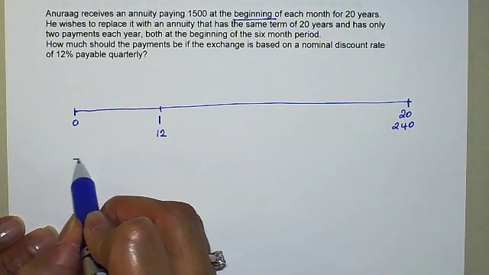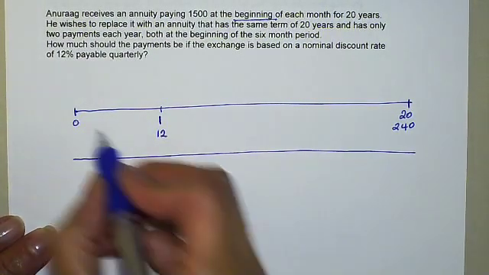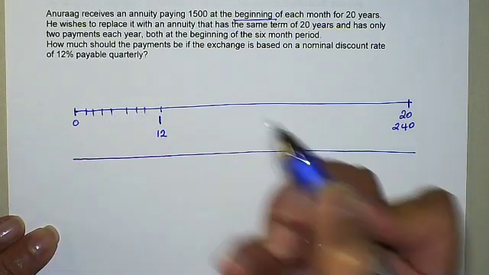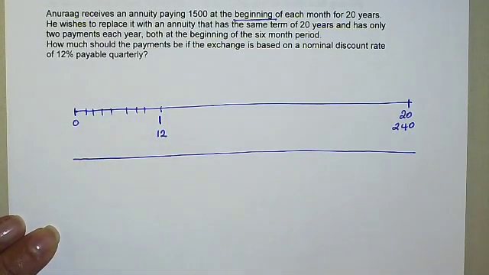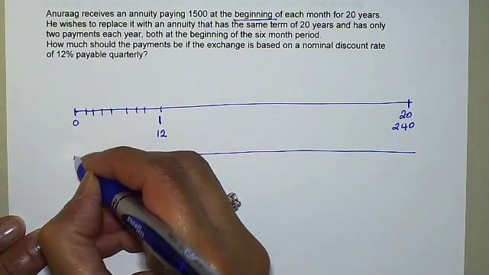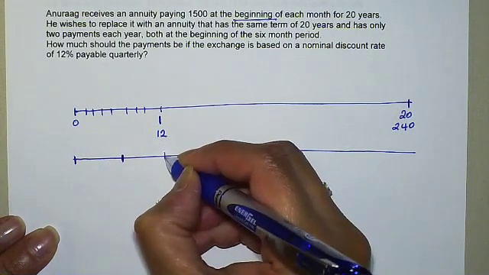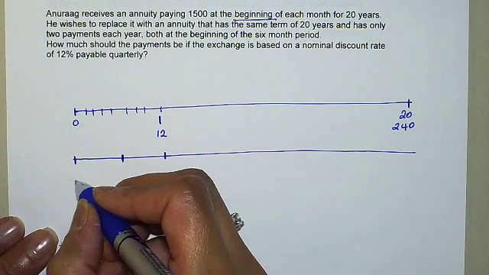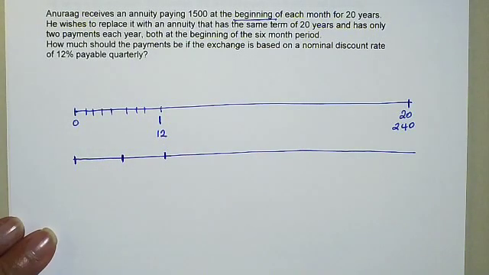He wishes to replace it with an annuity that has the same term of 20 years and has only 2 payments each year. So this one has monthly payments. The first one had monthly payments. This one has only payments every 6 months. And when does it begin?